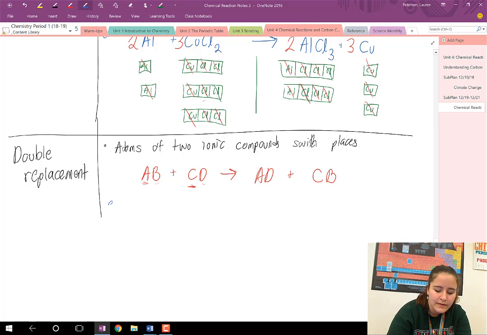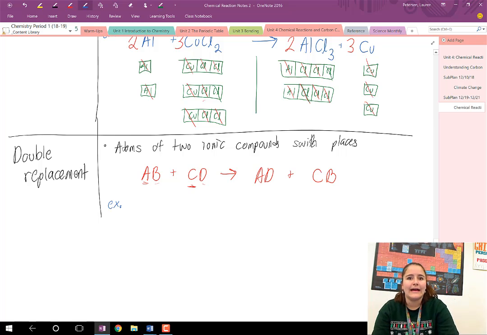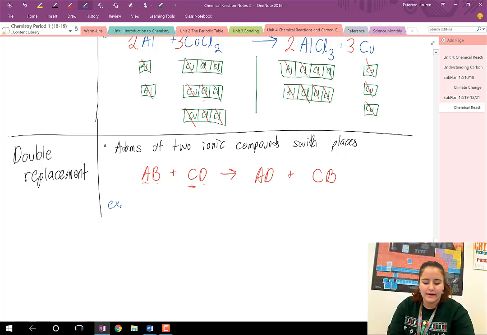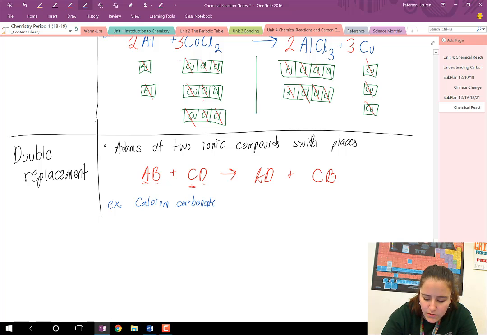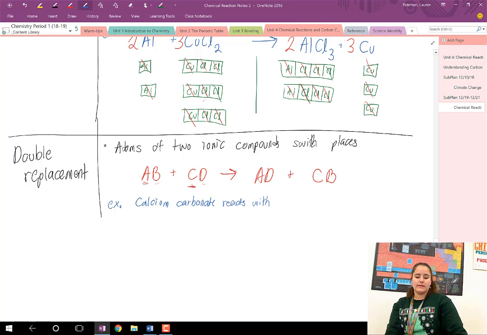Say we have calcium carbonate, which is CaCO3, reacts with, let's do magnesium hydroxide, why not?